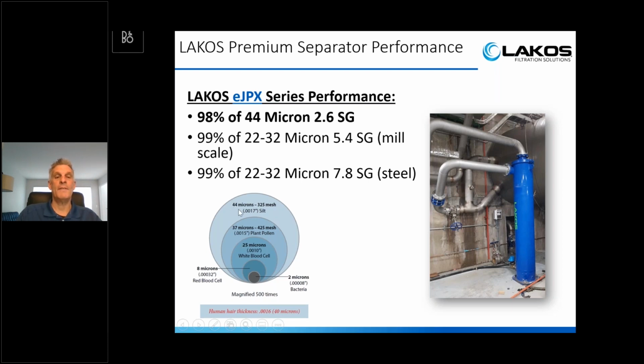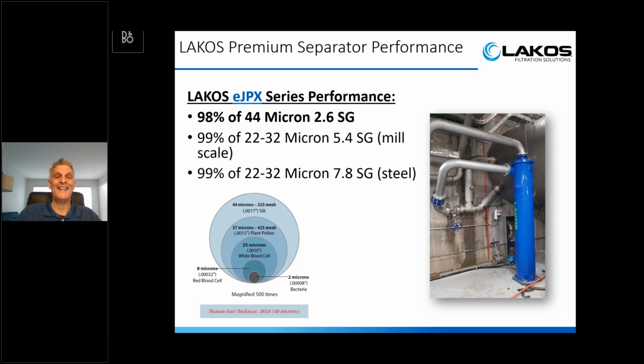This is a nice chart to give them kind of a benchmark. 44 micron or 325 mesh would be your fine silt, for instance, in a river water application. 37 micron or 425 mesh is equal to plant pollen, the real fine plant pollen that flies through the air. 25 micron is the size of a white blood cell. 8 micron is a red blood cell, and 2 micron is bacteria.